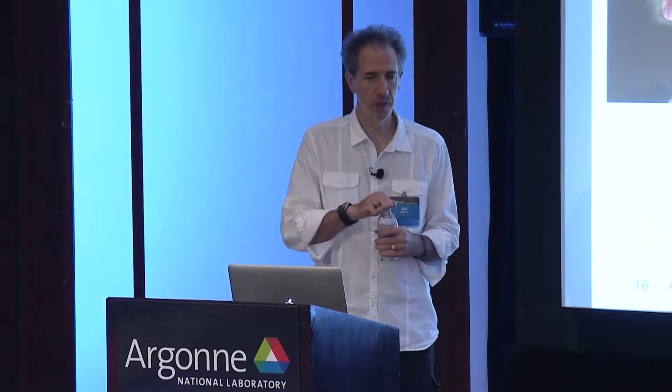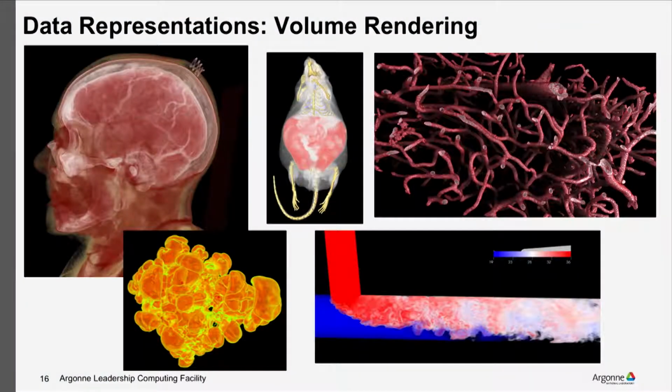All right, so at this point I'll jump into some of the different types of representations that we often use for representing data. These are examples of volume rendering, which is basically, you have a 3D volume of data values, and you assign different colors and transparency values to each of the values and the ranges of your data. You look up those values in the table and assign colors and transparencies to them.